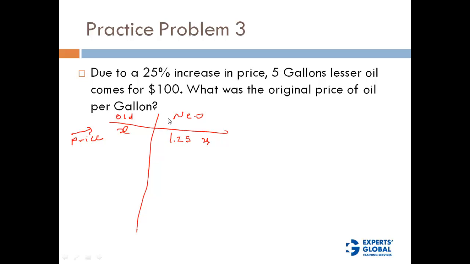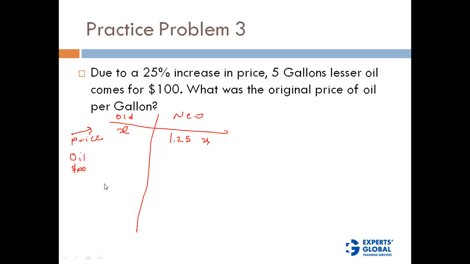5 gallons lesser oil comes for $100. Let's say oil that can be bought with $100. How much oil, if the price is X, how much oil can we buy in $100? Let's say the price is $10. So how much oil can we buy? We can buy 100 by 10 gallons.